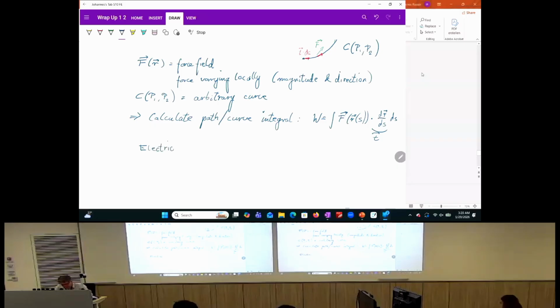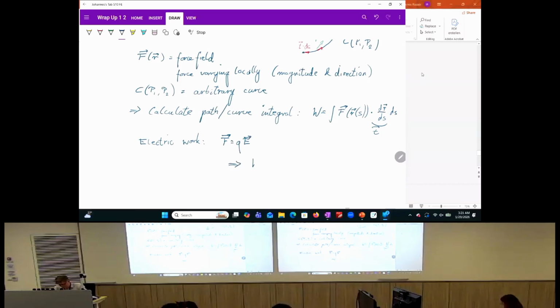But for the electric work, you have to consider that our force is given by the charge and the electric field. And so we can write our formula for the work as Q, that is the charge which we are moving through the electric field from P1 to P2, over the electric field.